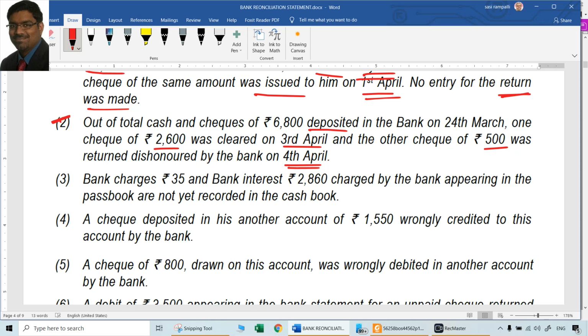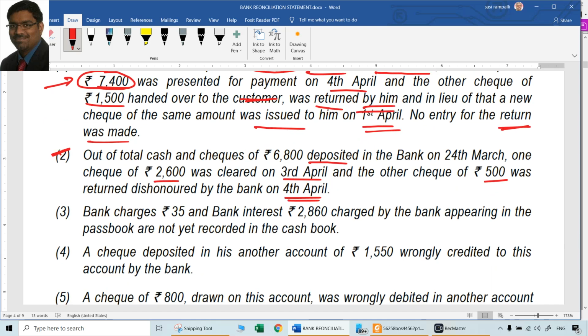But on 31st March, nothing has been cleared. So 2,600 was also cleared later. Dishonor also happened later only. Dishonor we cannot enter now, because the dishonor also did not happen on 31st March. It happened later.